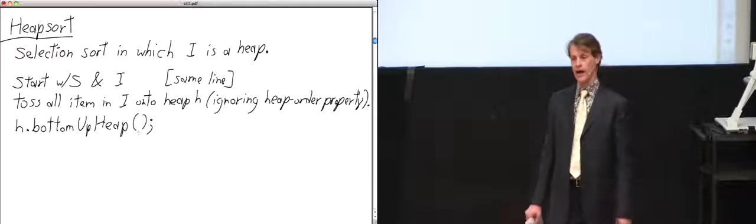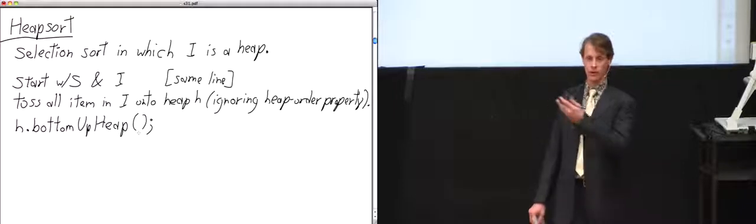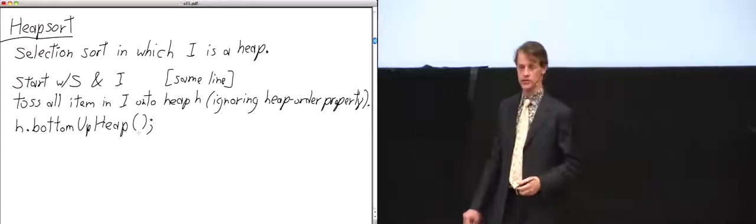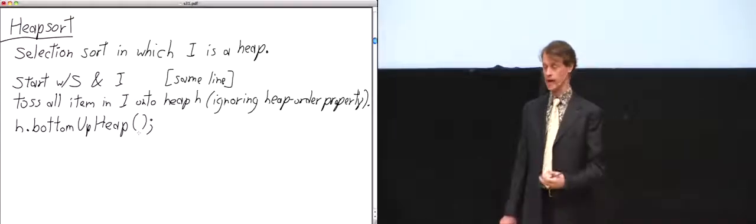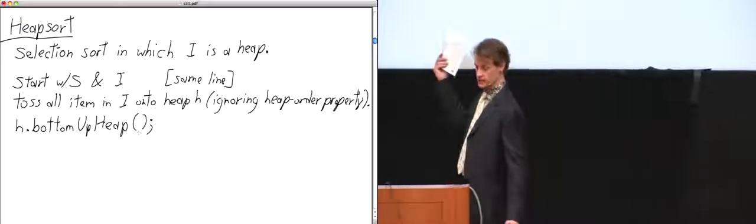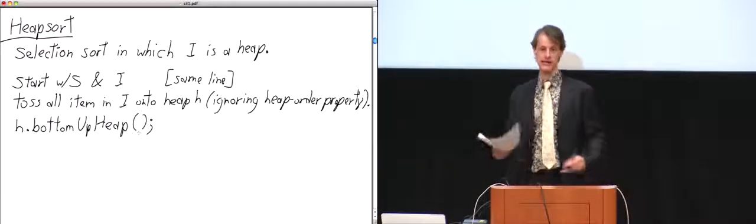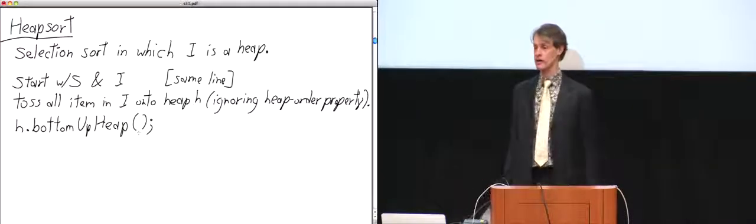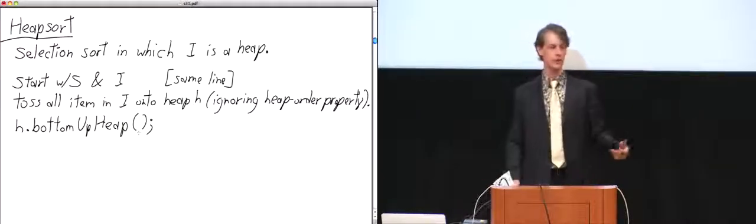If you don't recall that, then just imagine going through the items one by one and inserting them into a heap, which you could do in log n time per item. That would be n log n time total. There's actually a faster way to do it that takes linear time, but for the purposes of understanding the asymptotic running time of heap sort, it doesn't matter which one you use.